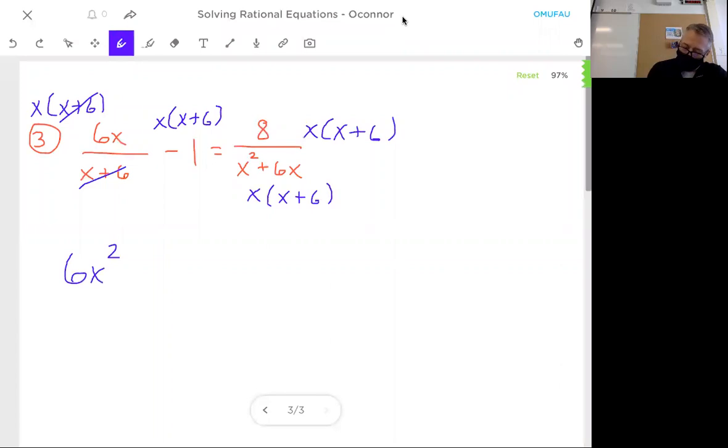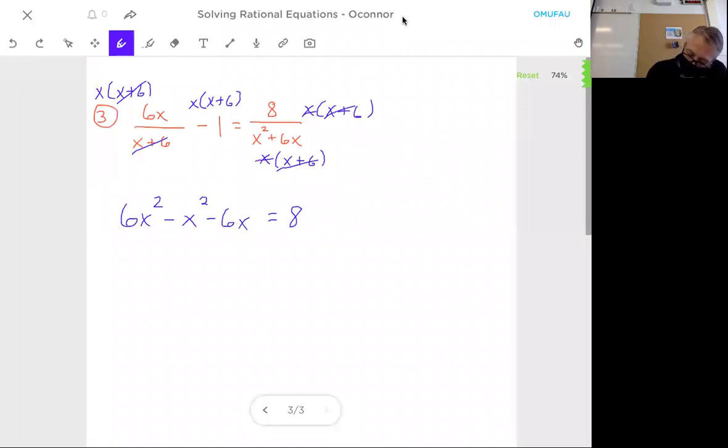Now check the middle part. I'm doing negative 1 times x plus 6, which is going to be negative x squared minus 6x. And then on the right side, both of them cancel, and I get equals 8. So I got 5x squared minus 6x minus 8 is equal to 0.